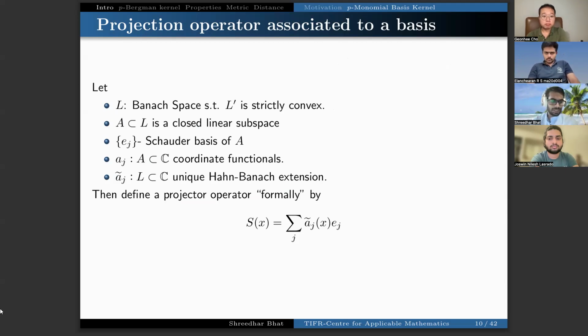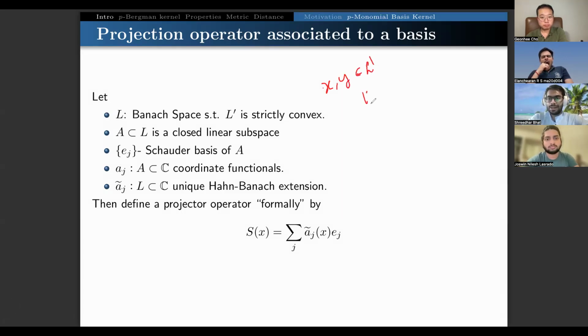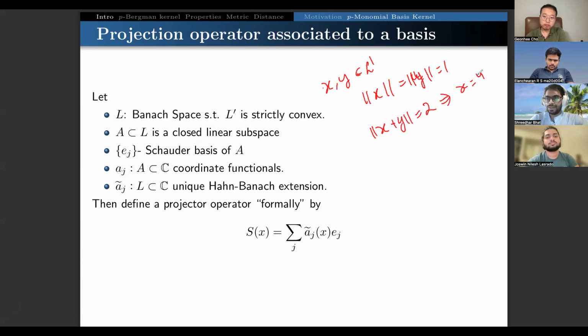What I mean by strictly convex is that if I have x, y in L prime with norm of x and norm of y equal to 1, and the norm of x plus y is 2, then this should imply x must be equal to y. So this is strict convexity.